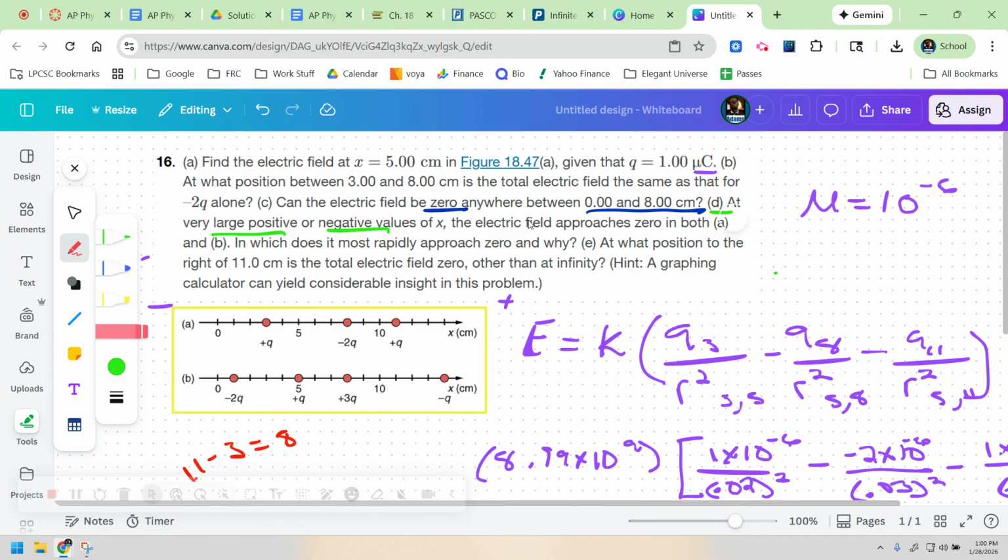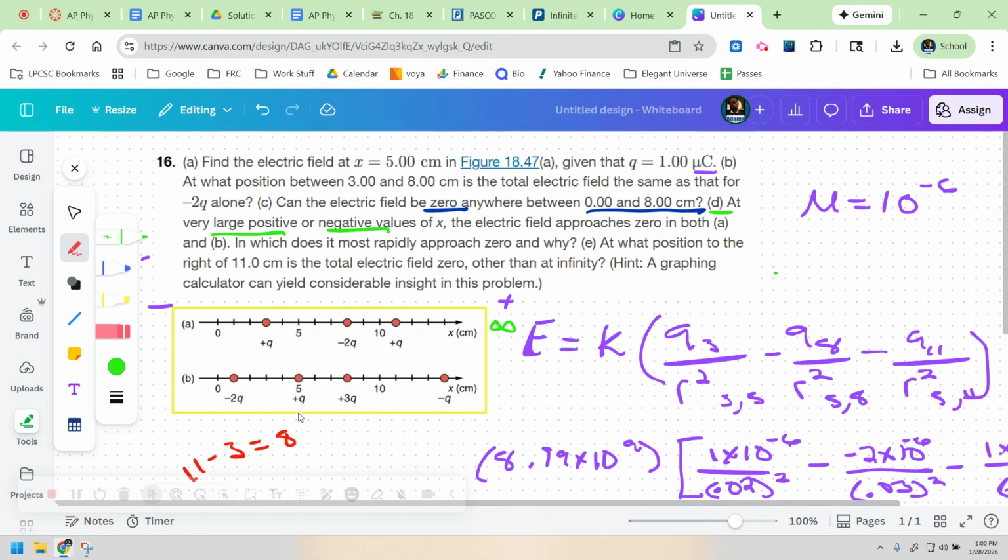So what they're saying is, if I have a test charge that's way over here, that goes towards a very large number, which is basically they're saying that you're going to positive infinity.